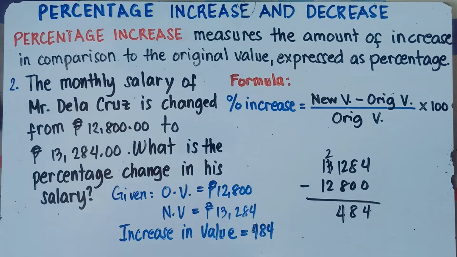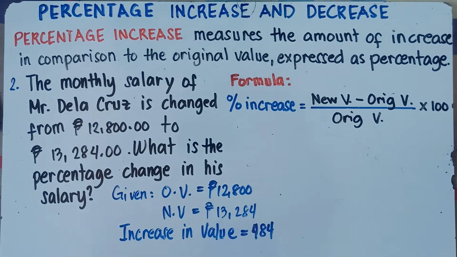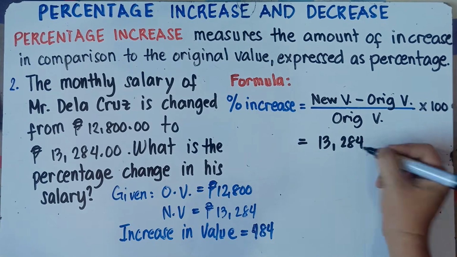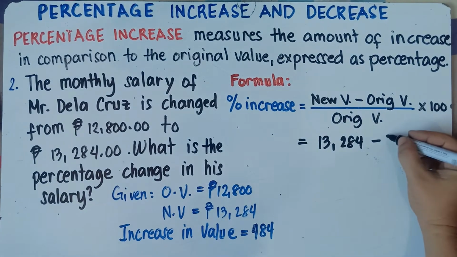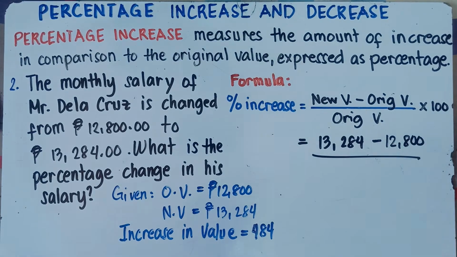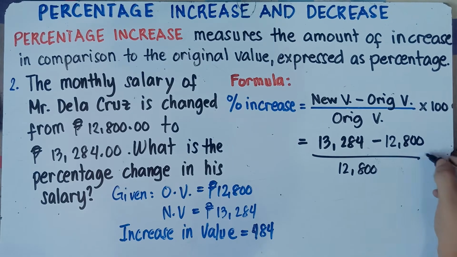Alright, since we have the original value, the new value and the increase in value, we can now solve for the percentage increase. So new value, we have 13,284 minus 12,800, divided by the original value, that's 12,800, then times 100.